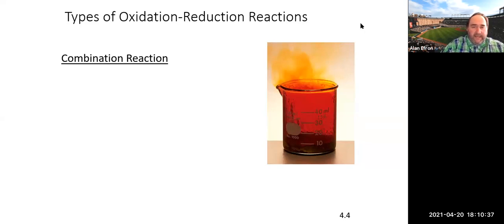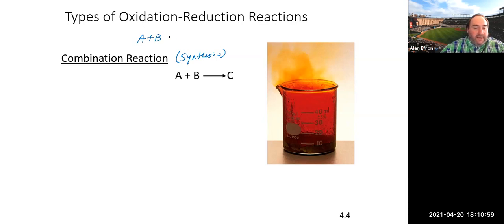The first one is a combination reaction. This is also sometimes referred to as a synthesis reaction. In a combination or synthesis reaction, basically we put 2 things together to make one thing.